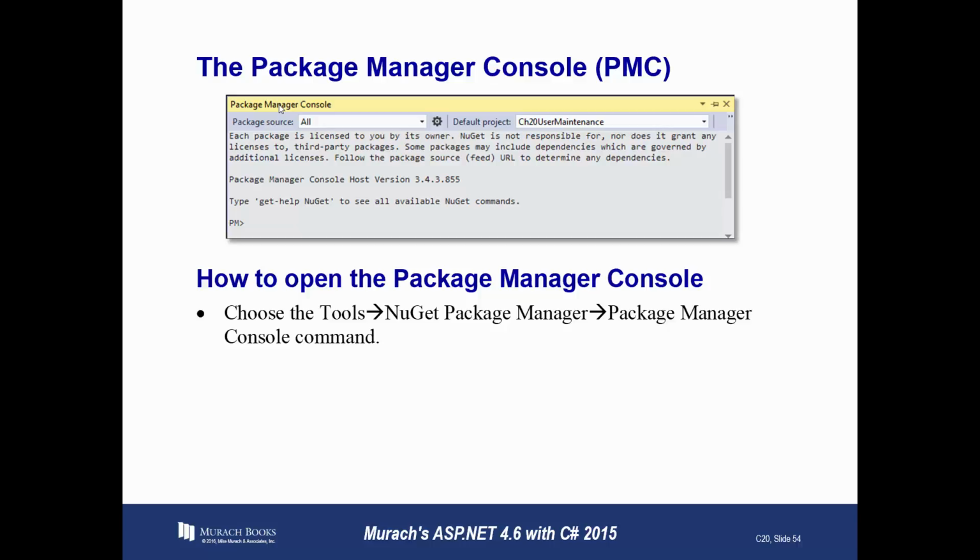Third, you add a new property to the application user class in the IdentityModels.cs file of the Models directory. Fourth, you create a C# migration file by running the add migration command. And fifth, you update the database by running the update database command. These steps are all shown in the middle of page 749.